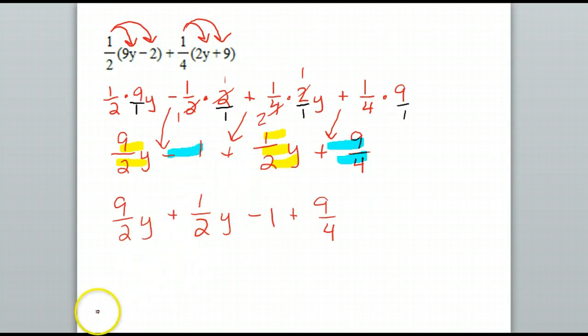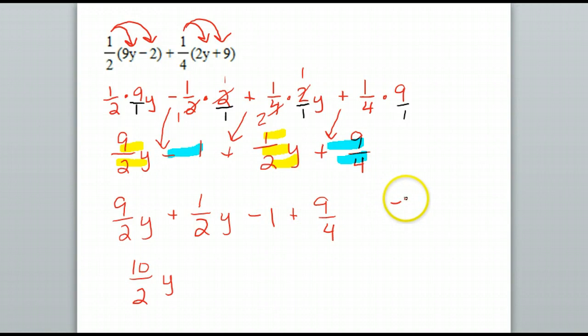Alright, now my y's are together, so I can add them. Same denominator. Okay, so that means I just keep that denominator and then add the numerators. 9 plus 1 is 10 over 2y. Alright, then here, when I'm adding the numbers, I need a common denominator. This is 1.